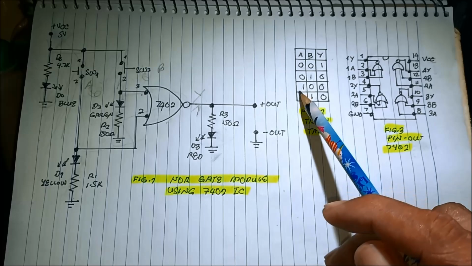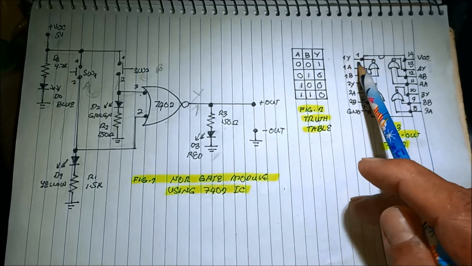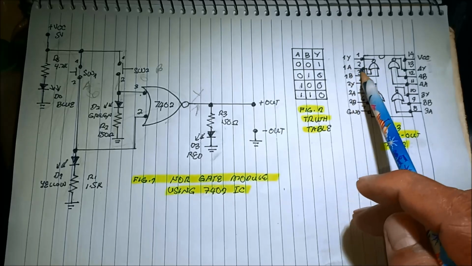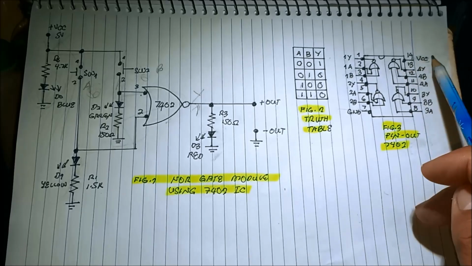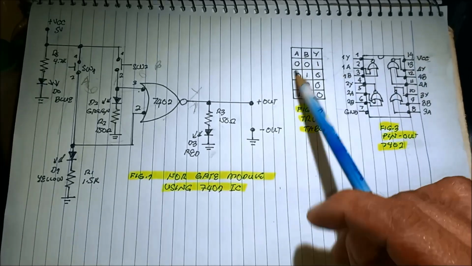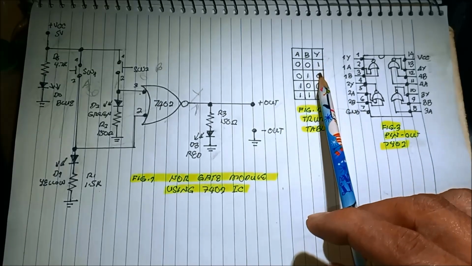So we're just using one gate with the corresponding pin out, pin 7 ground, 14 VCC, and the use of the truth table for simulating the circuit.